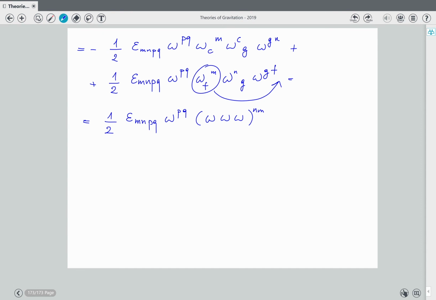So when you move this there, you get NGGFFM, omega, omega, omega, NM. And here, you do not need to move anything, but you just need to exchange those two indices, which means a minus sign.